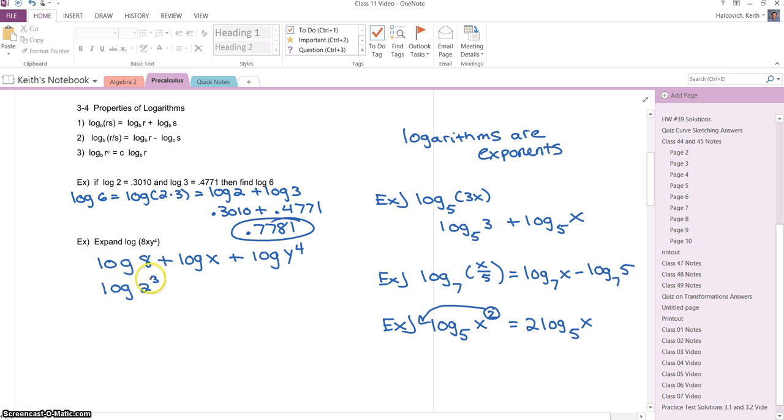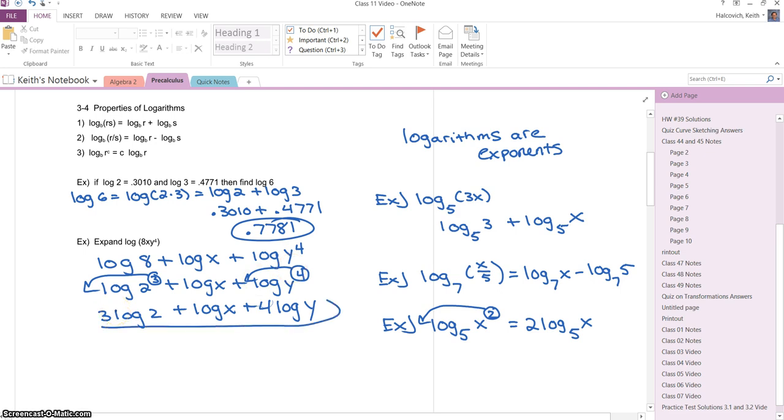Then remember, any exponents get rolled to the front of the log. So it's 3 times log 2 plus log x plus 4 log y. That's your final answer.